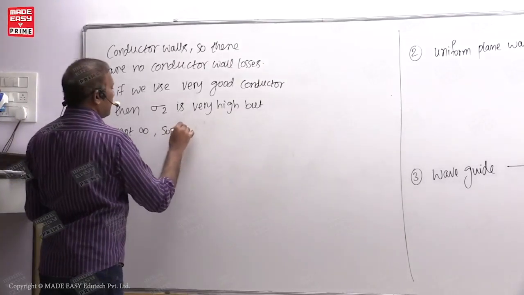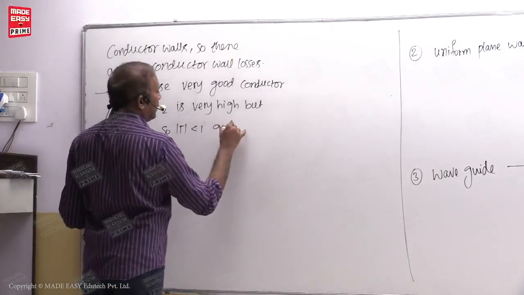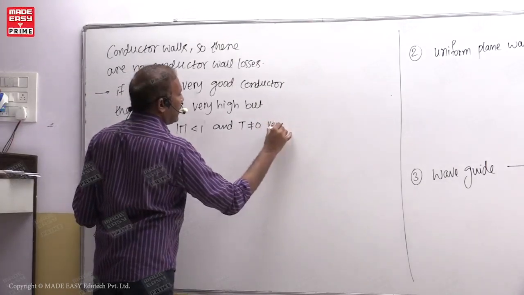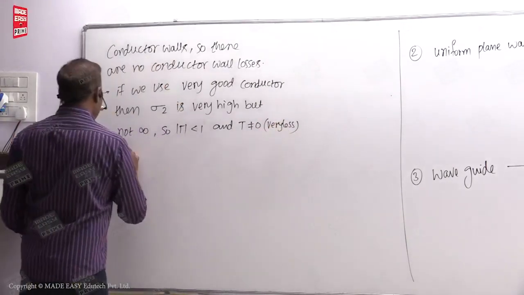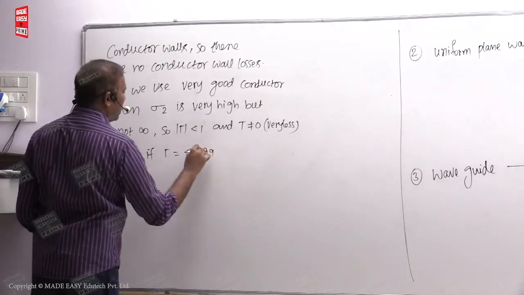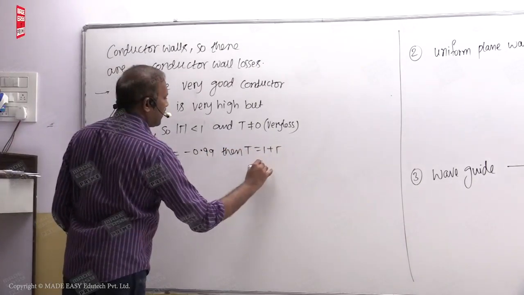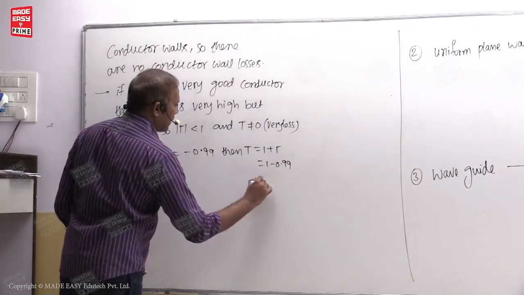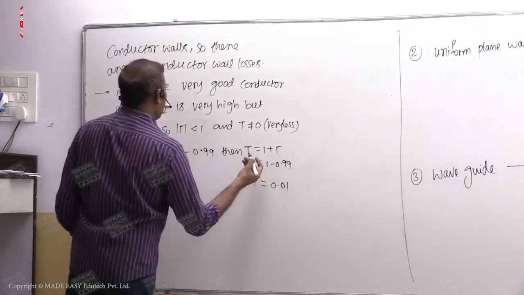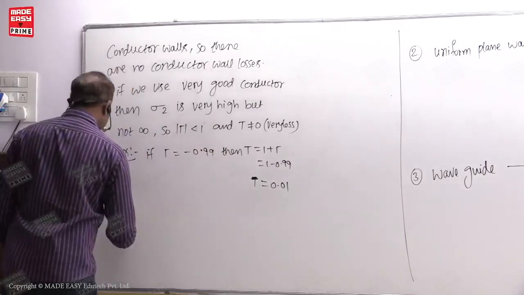So gamma is slightly less than 1 in magnitude and the transmission coefficient is not 0 but very small. Example, if gamma is equal to minus 0.99, then the transmission coefficient is 1 plus gamma, 1 minus 0.99. So the transmission coefficient is 0.01. That means very small. So if we use a very good conductor, this is the story.